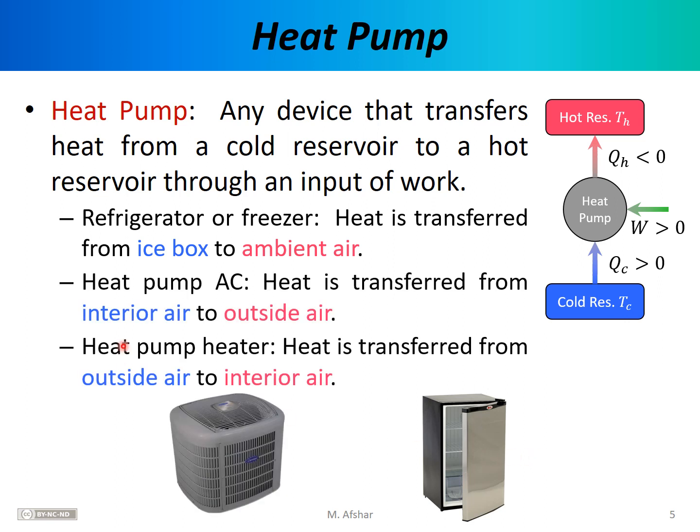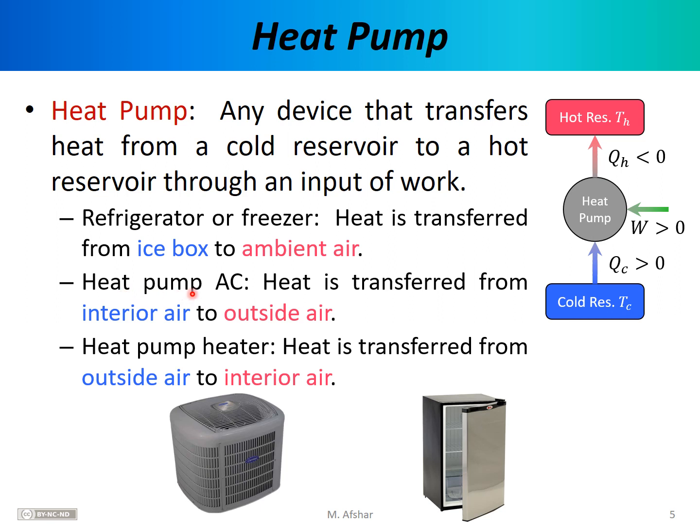You can also use a heat pump to build an air conditioning unit or a heater. In fact, most modern homes use a heat pump like the one shown here. You might see something like this on the roof of your house or in the backyard. If the heat pump is used to build an air conditioning unit, then the cold reservoir is the interior air of your home, and the hot reservoir is simply the outside air.